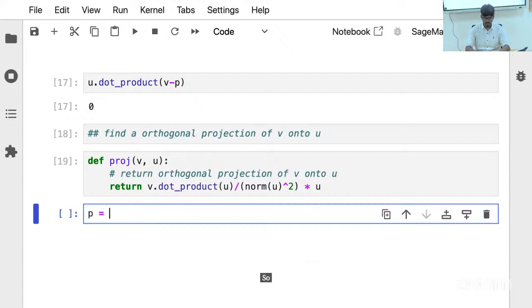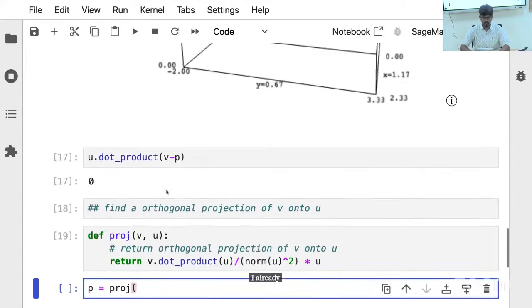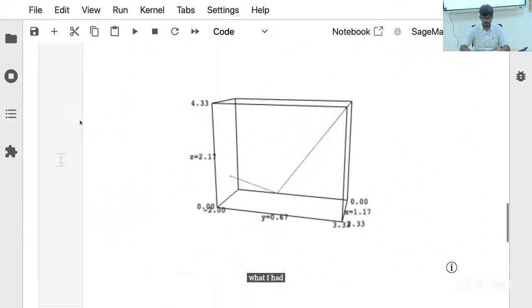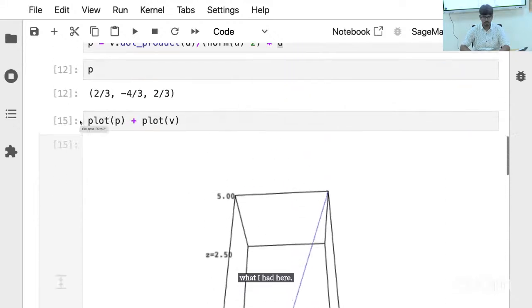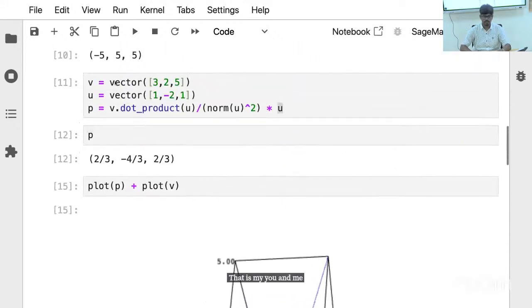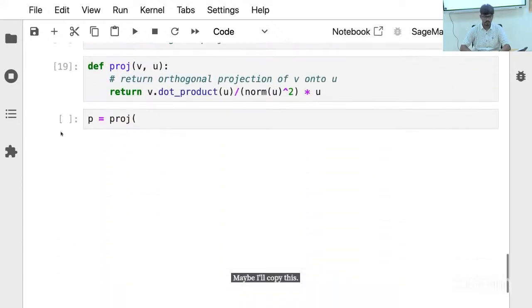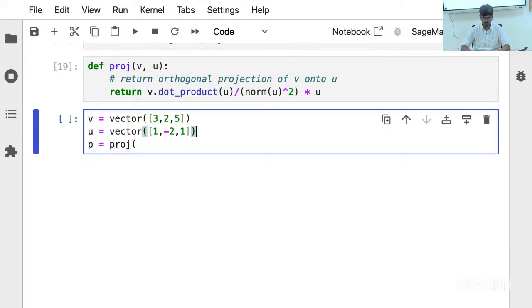So now let me save that as P, the projection of V on U. I already have the V and U. If you remember what I had here. Where is my U and V? Here is my U and V. Maybe I'll copy this and paste it here.